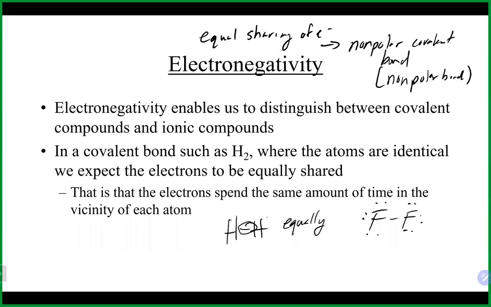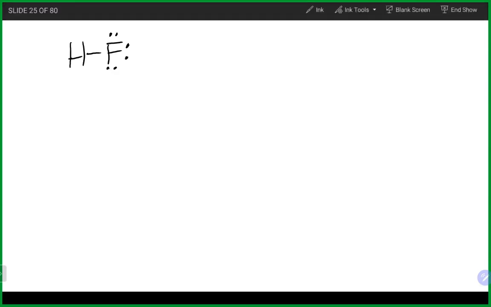Now, if we take out one of each of those, and we put a hydrogen and a fluorine together, now in this case, we would not expect the electrons to be shared equally. And we know from our electronegativity that fluorine is the most electronegative, which means when they go to share electrons in this case, the fluorine is going to go, I think I would like the electrons a little bit more than you.